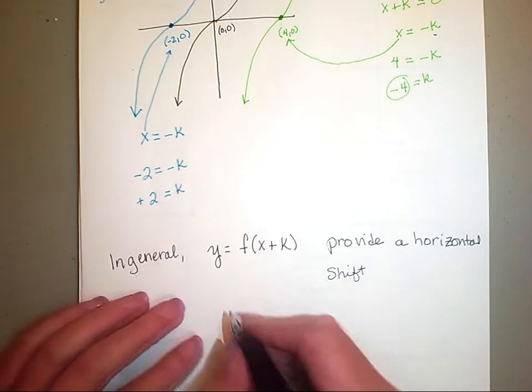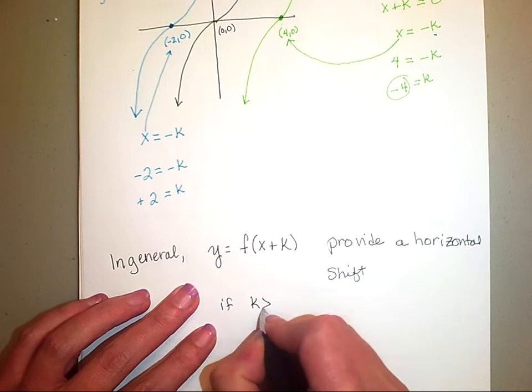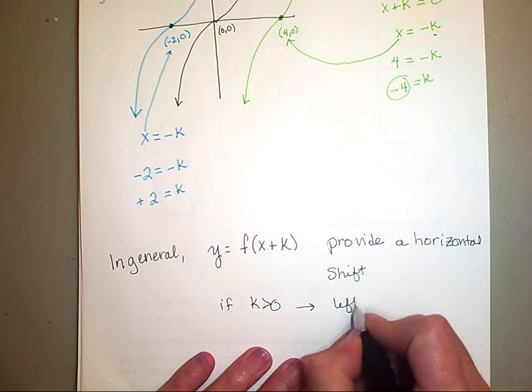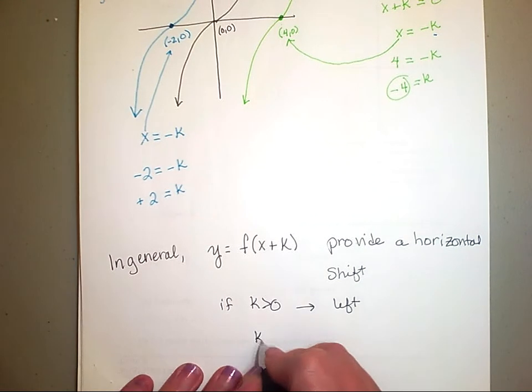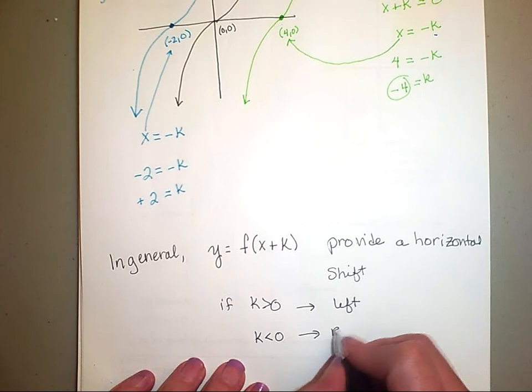And here's what's counterintuitive about this, is if k is greater than 0, then that means we're going left. If k is less than 0, that means that we are going right.